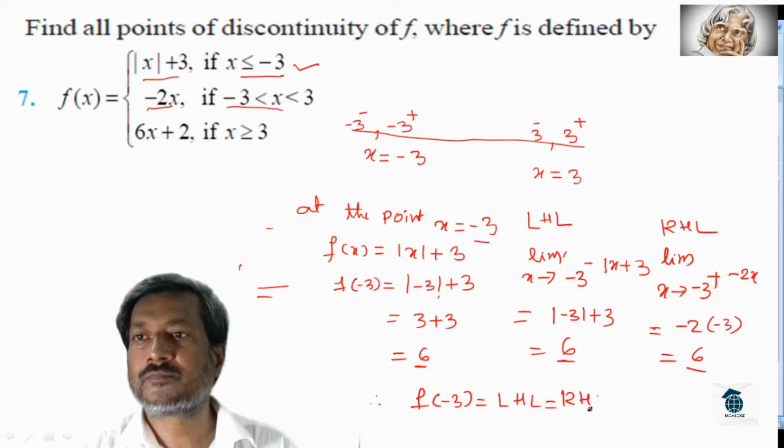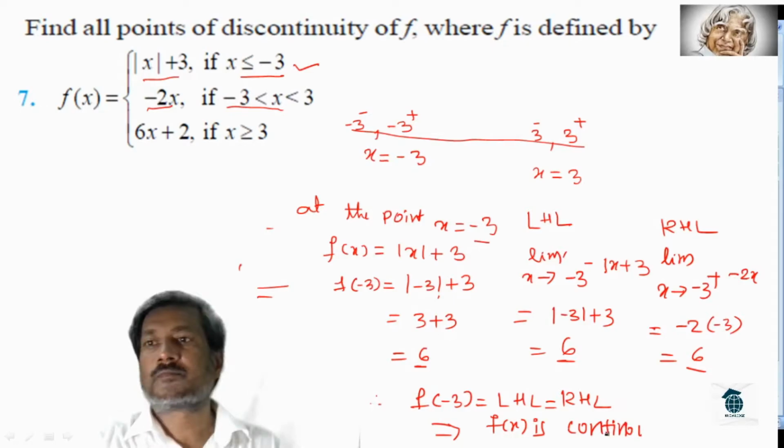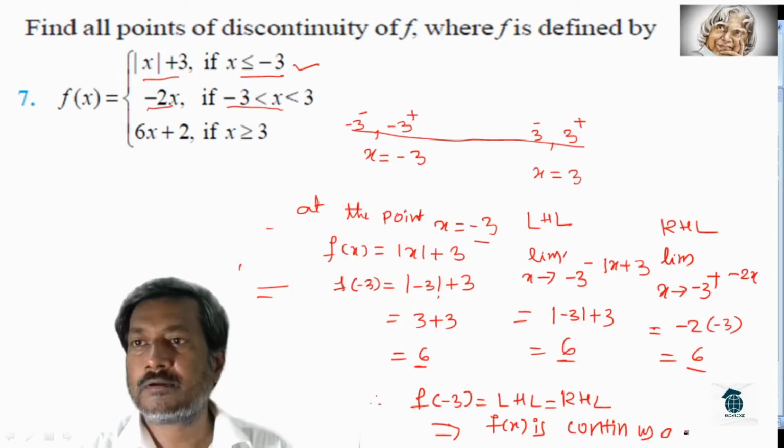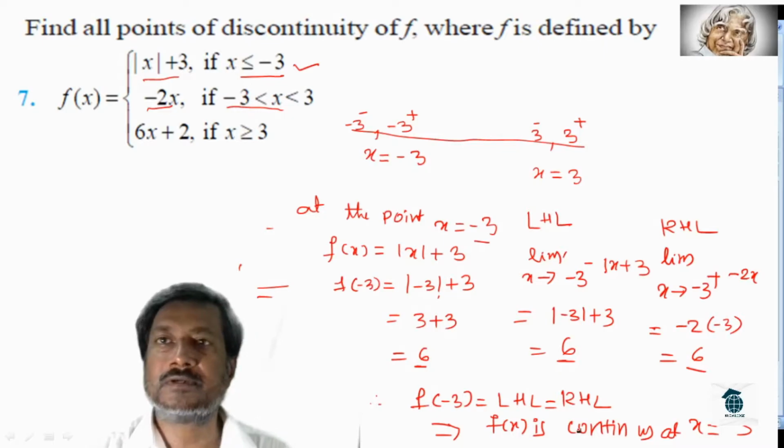So this implies f(x) is continuous at x equal to minus 3. So at this point the function is continuous.